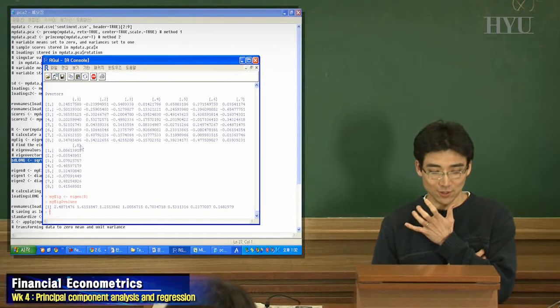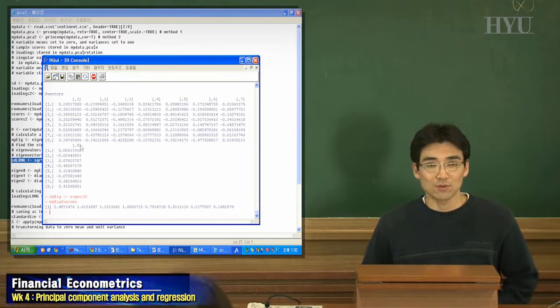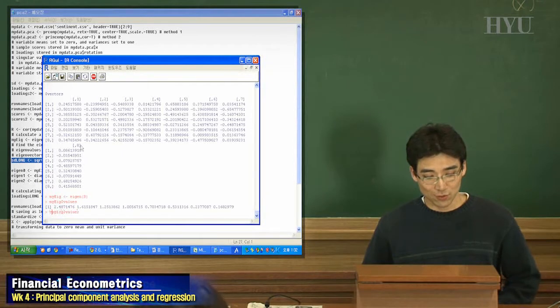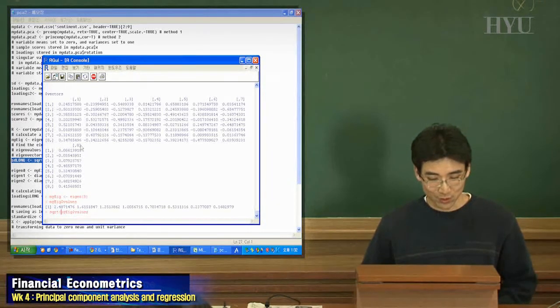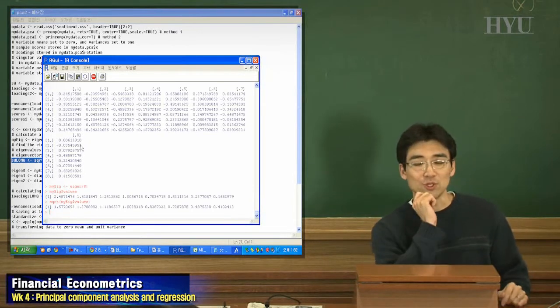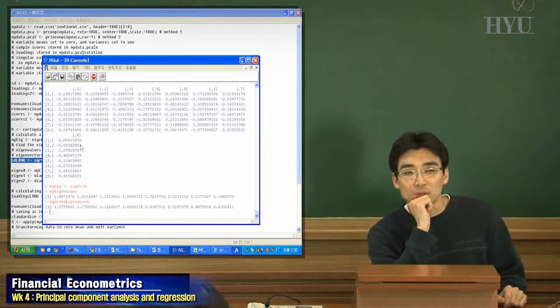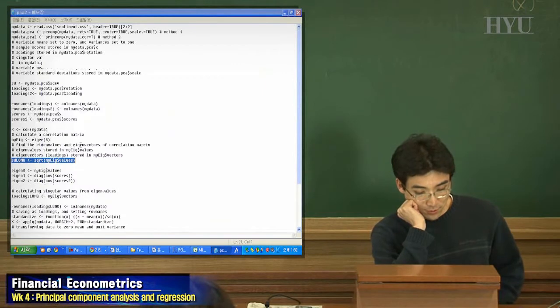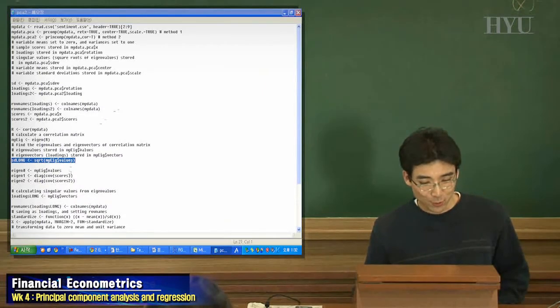And if I take the square root of this one, then it should be the standard deviation of each principal component, right?